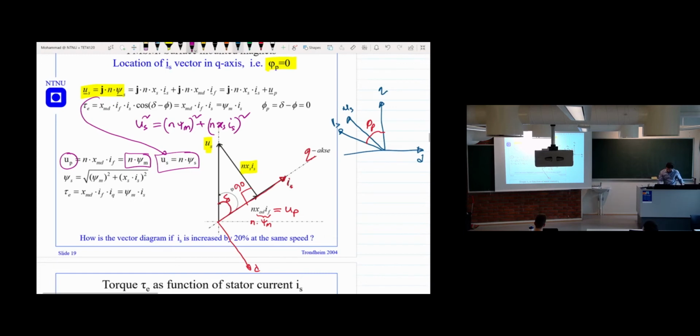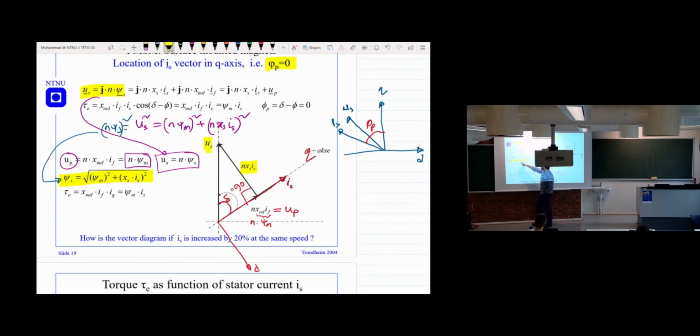And then again, we have this US, which is n psi S, so it's n psi S square here. And from this, you can write psi S equals this equation. So you got a stator flux equation from this.